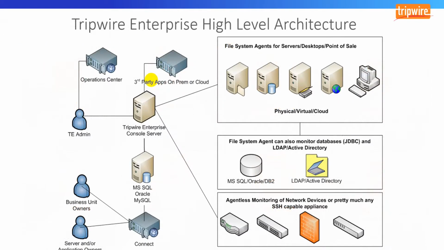But before we do this, I would like to mention something about the high-level architecture of the Tripwire Enterprise. So Tripwire Enterprise has two main components, which is the Tripwire Enterprise Console Server, and second one is the SQL or the Oracle database, which is the connected database with the Tripwire software.